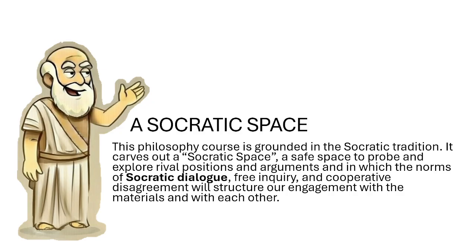So in this class, we're going to consider it a Socratic space where the assumption is that the people who are engaging with you in the discussions are trying to engage in a Socratic dialogue with you, where we're all going to be on board with free inquiry, where everyone gets to have the view that they wish, as long as they're expressing it cleanly and using the methods that we've covered in Unit 1, and are willing to accept criticism of that position.